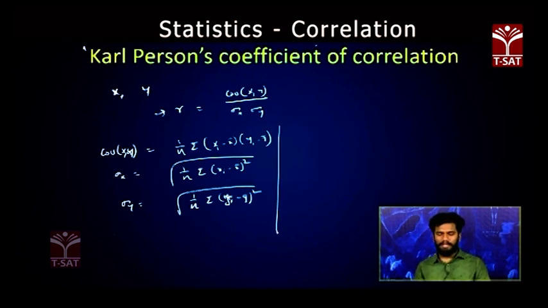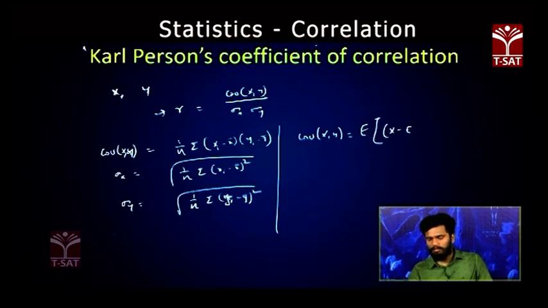Now we will see the same formula in terms of expectations. Covariance of x comma y is given by expectation of x minus expectation of x into y minus expectation of y. Sigma x square is given by expectation of x minus expectation of x whole square.